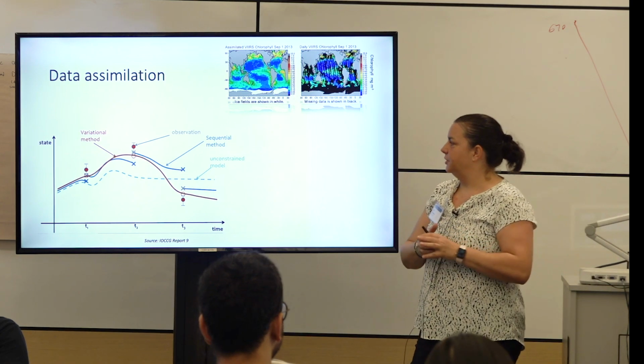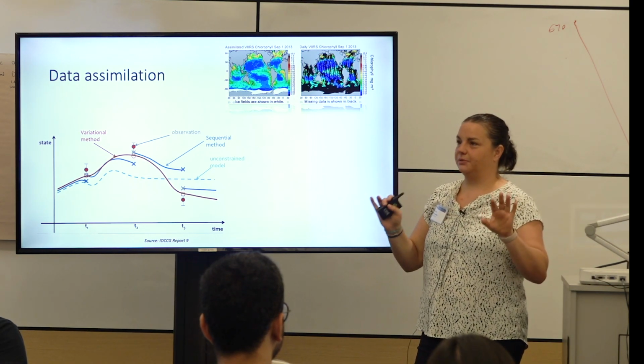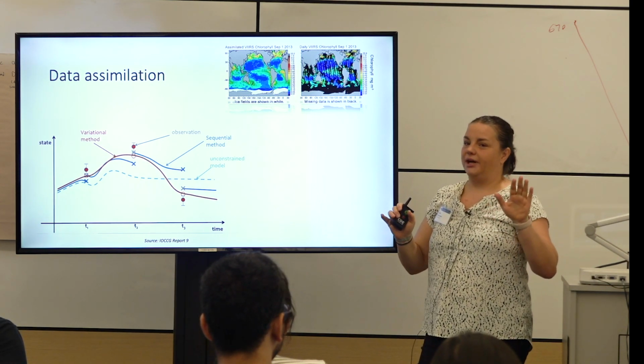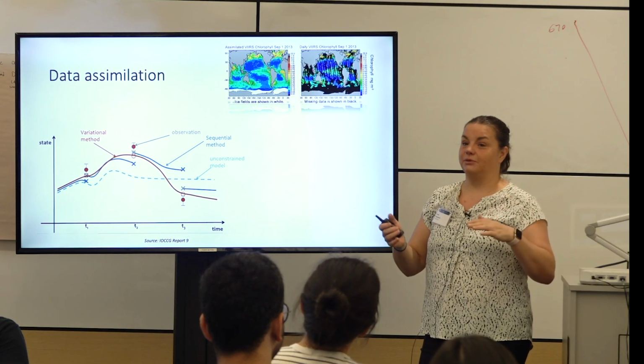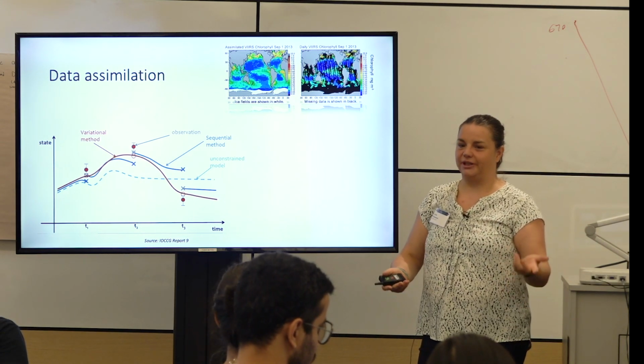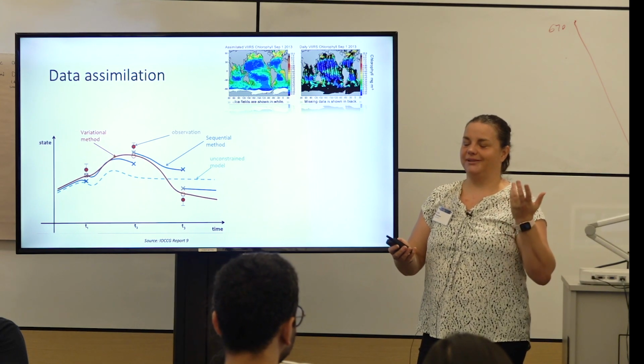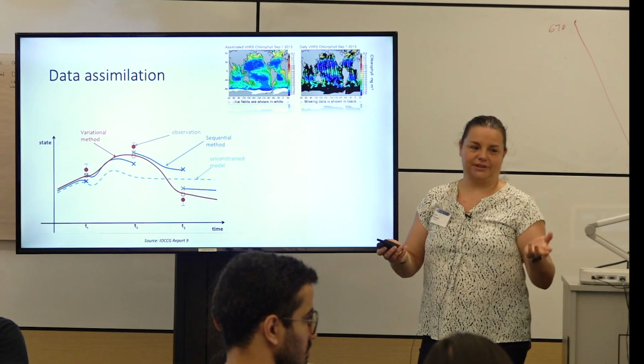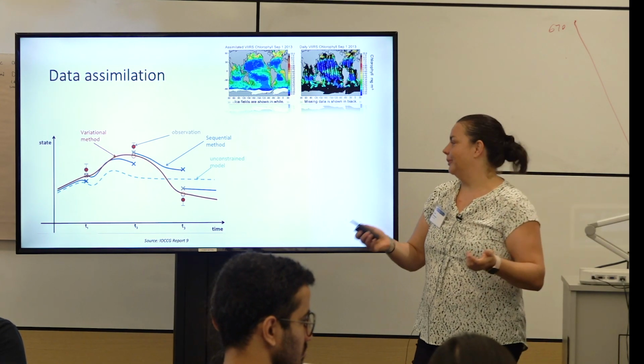Now you have two big categories of data assimilation: variational and sequential. I'm not going to go into details, but they just do things a bit differently. Again, the one you choose depends on what kind of resource you have and what data you're working with.